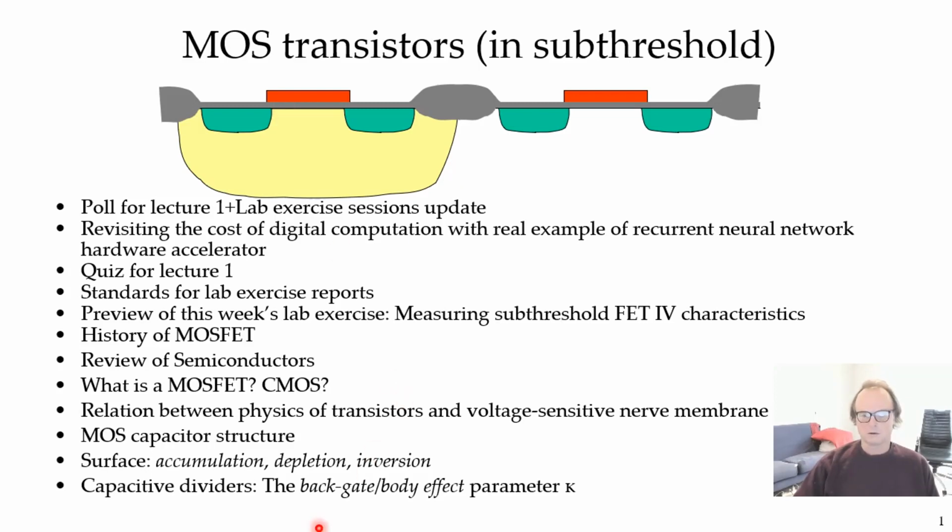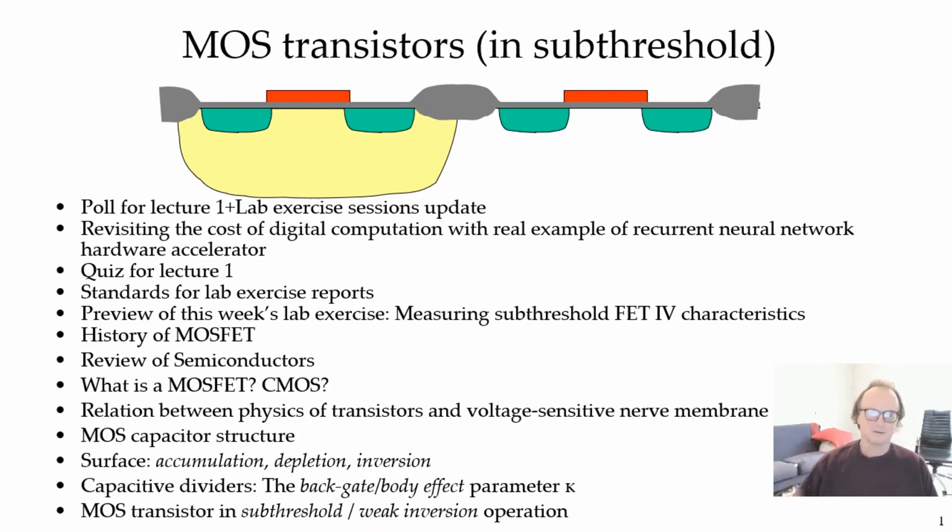And that results in the so-called backgate and body effect parameter kappa, or 1 over n, as other communities know it, that determines how well the transistor current can be controlled by the gate voltage. And then finally, we'll go into the MOS transistor and subthreshold and weak inversion operation, and then you'll have the opportunity to see those and measure those results yourself in the exercise. So that's the program.